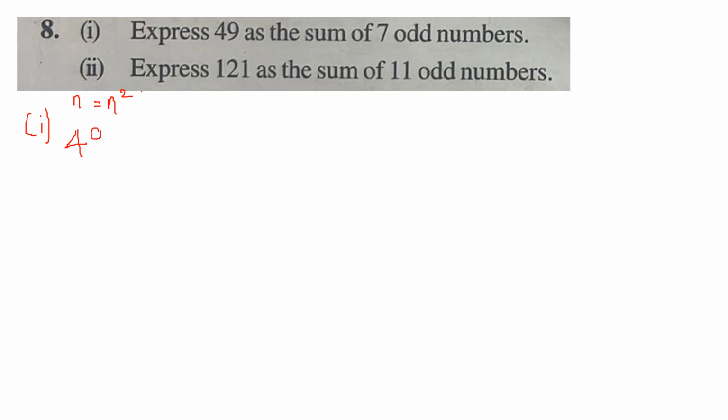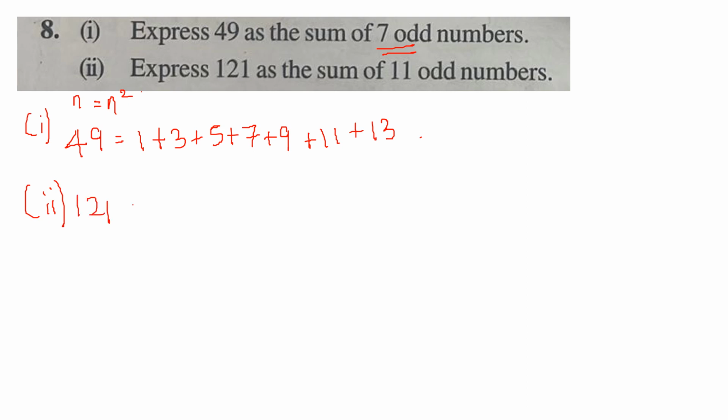49 they have been asking us to express as the sum of 7 odd numbers. So we will be adding the first 7 odd numbers: 1 plus 3 plus 5 plus 7 plus 9. This is the first 5, then 11 plus 13. Okay, and similarly the second problem, express 121 as the sum of 11 odd numbers.